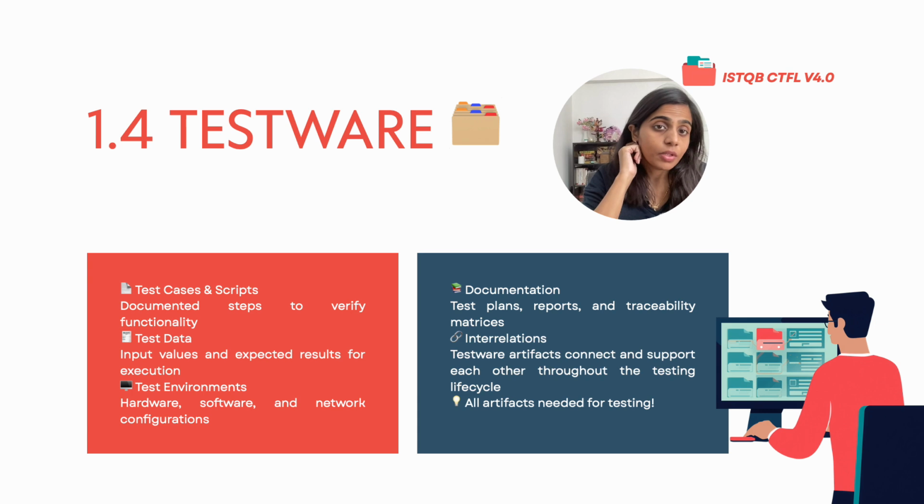Now for test monitoring and control, the testware will be the risks identified or the progress reports, actual versus expected. Then the second part is test analysis. For test analysis, the outcome will be the identified testable features. Then you will have the defect reports of previous tests, etc.